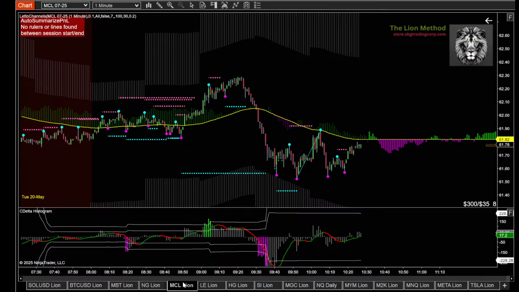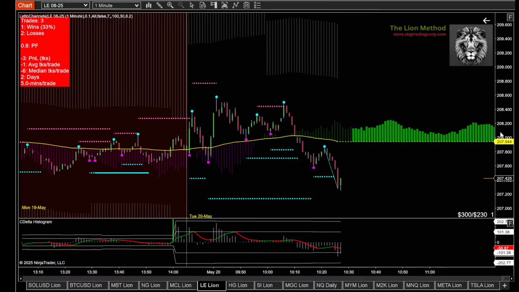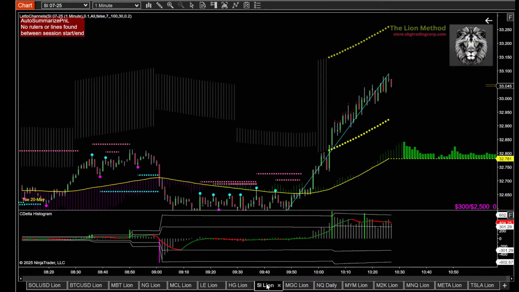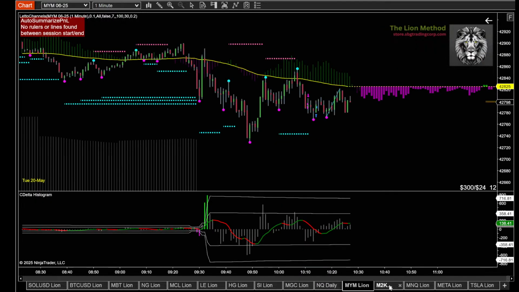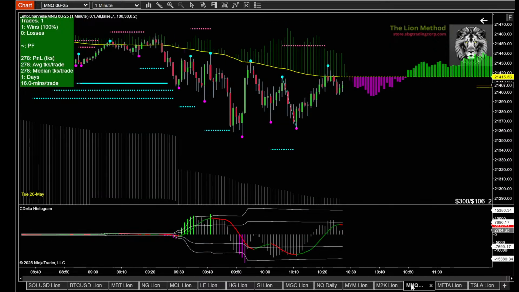All right, there's crude. Copper, silver, and gold. And there's the equity indexes, Dow. Here's the Russell. It's creeping higher. Micro Nas. Finally got some buying volume.